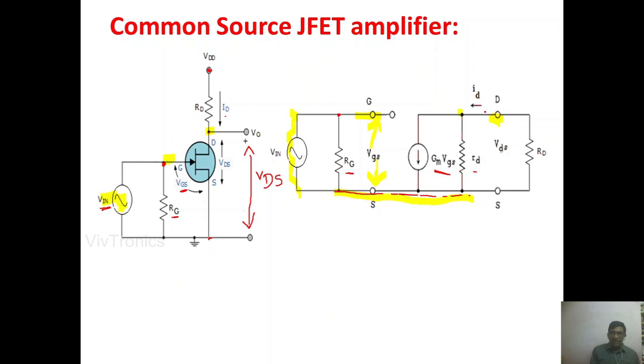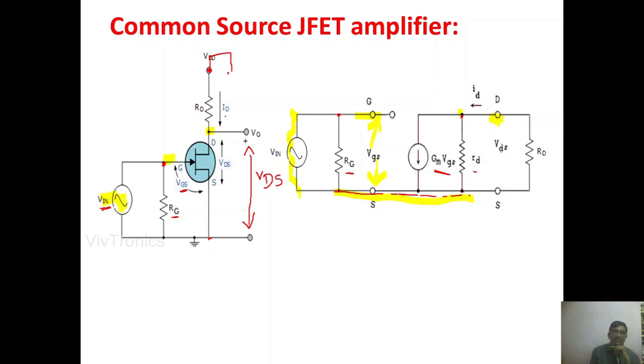From the drain terminal to the source terminal we add GM VGS, and in parallel with GM VGS we add RD, the internal drain resistance, from the drain to the source like this. As we are doing the AC analysis, we have to ground all DC sources.